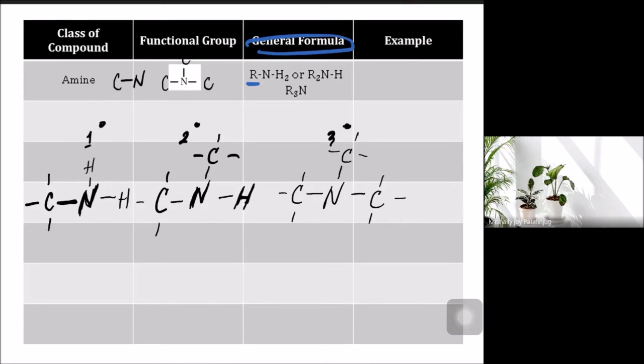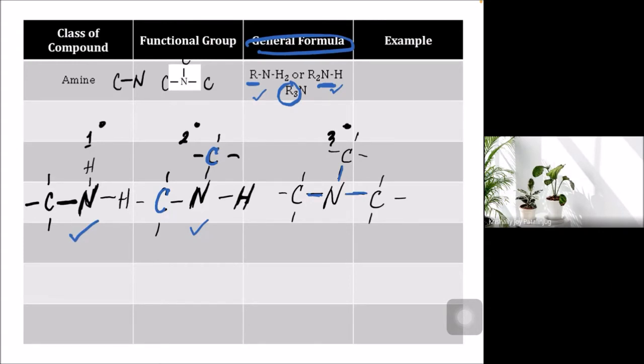Here, the nitrogen has R2, meaning two alkyl groups directly attached to it. And I repeat, the R group represents the carbon portion of an alkyl group. So that is secondary. Then tertiary, this one, R3: the nitrogen is surrounded by three R groups. I hope you got that.